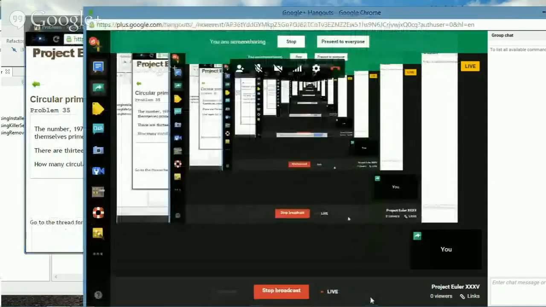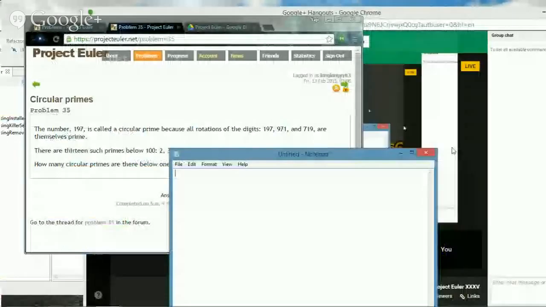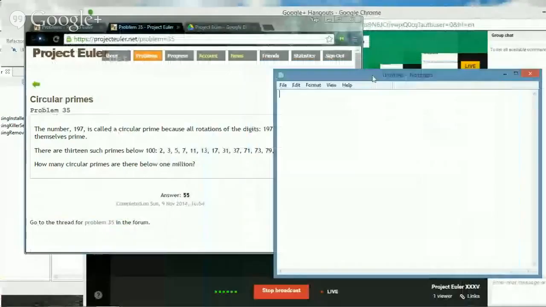So basically, the operation that we are going to do in this question is extracting the first digit from the number and adding the digit to the end of the number. So let's say for 197, we extract 1 out.